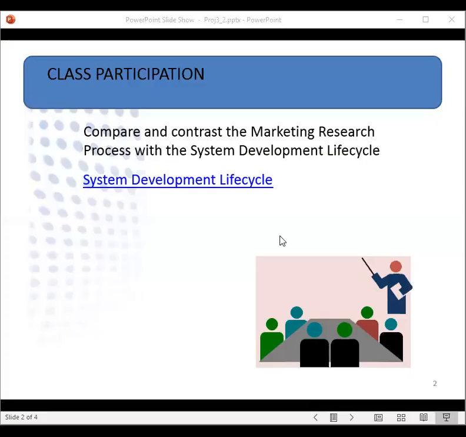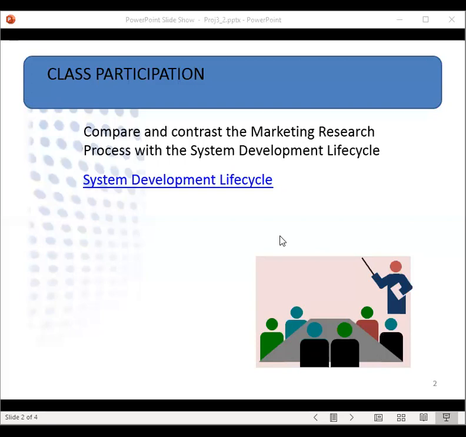Okay, those were good answers and good presentations. Thank you. The key thing to remember here in the marketing research process is there's 4 phases really. The first phase is step 1, establish a need. Step 2, define the problem. Step 3, determine the research objectives.